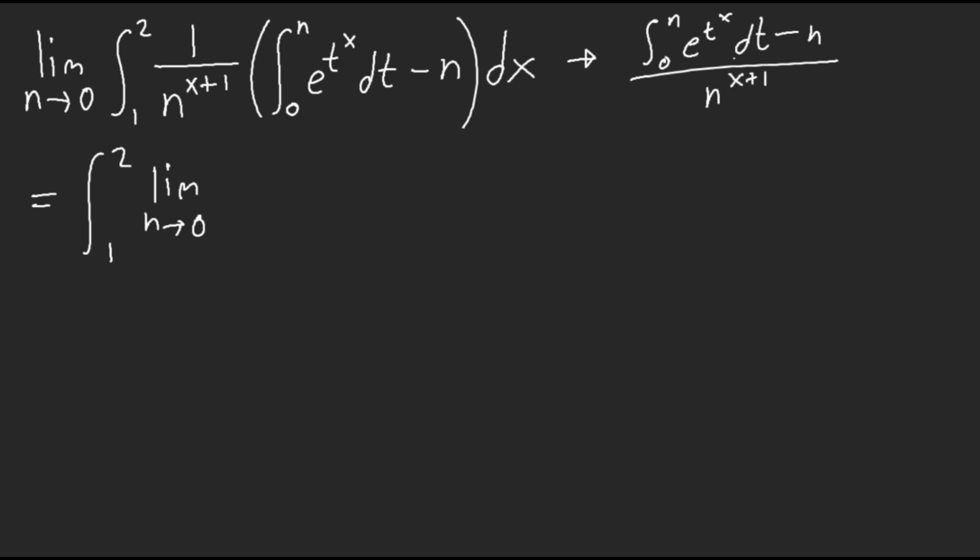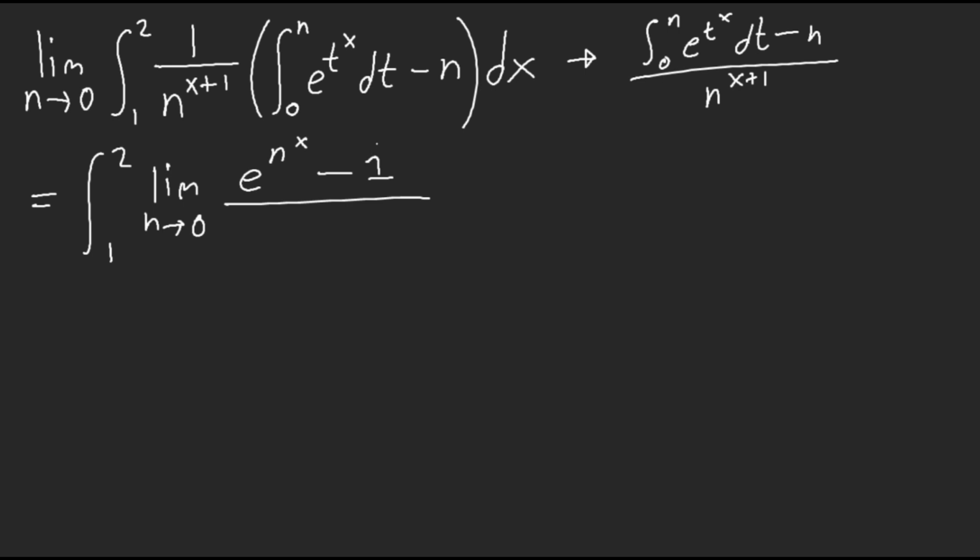And so when we do L'Hopital's rule, oh god, this is minus 1, and then this is FTC, the fundamental theorem of calculus, deriving an integral. So we have e^(nx) minus n, minus 1, and that n becomes 1.